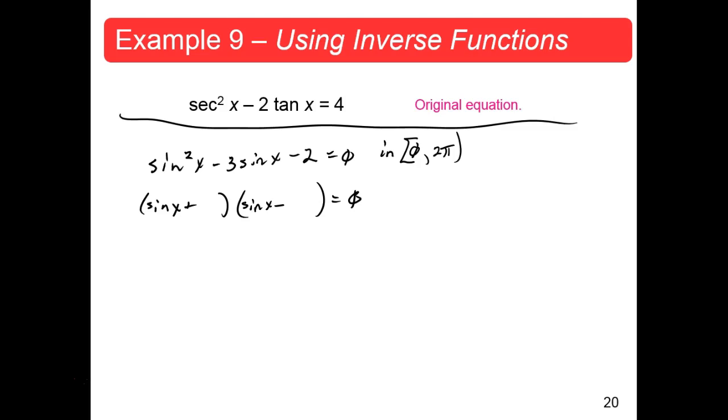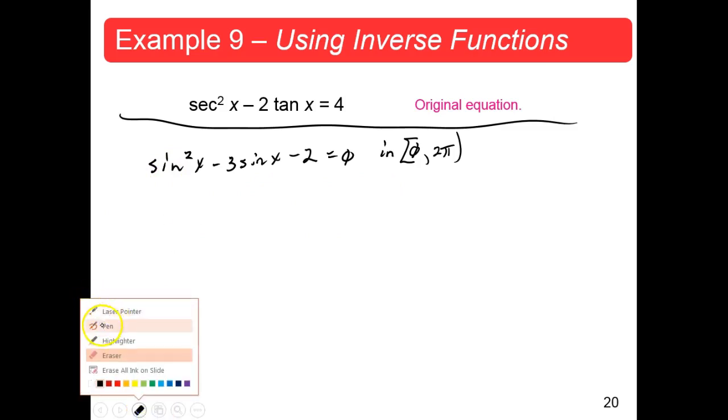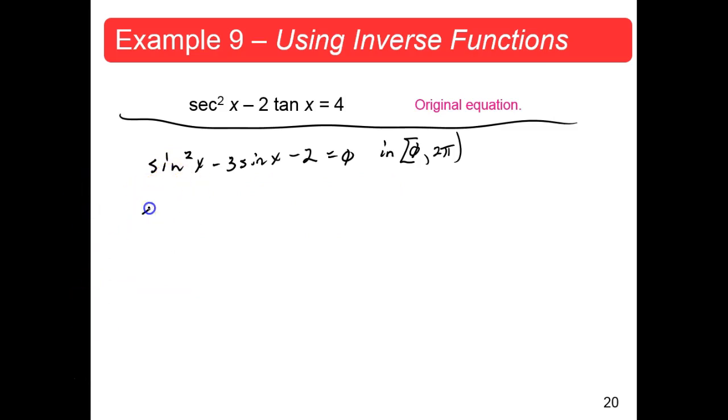Not in the real number system. So that didn't work. So what are we left to do now? Quadratic formula. And the only little catch here, it's not going to be x equal, but it's going to be sine x equal. And what would you put there?